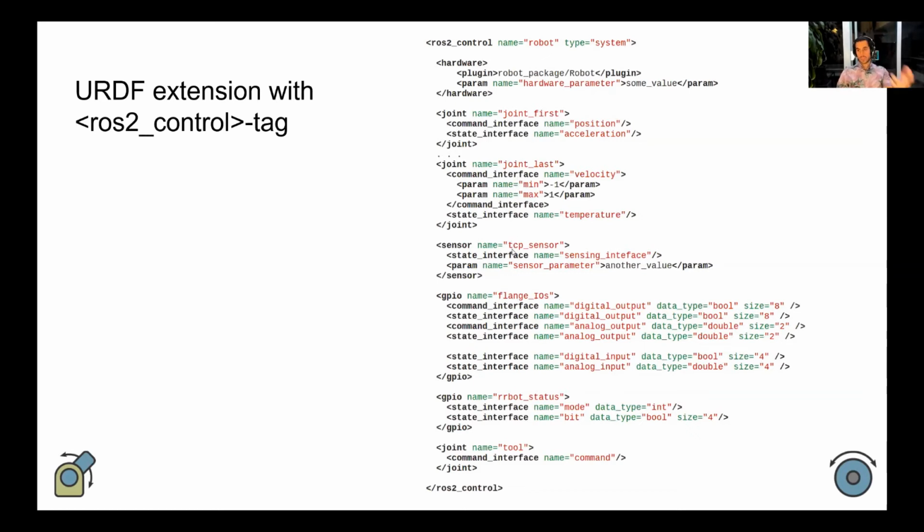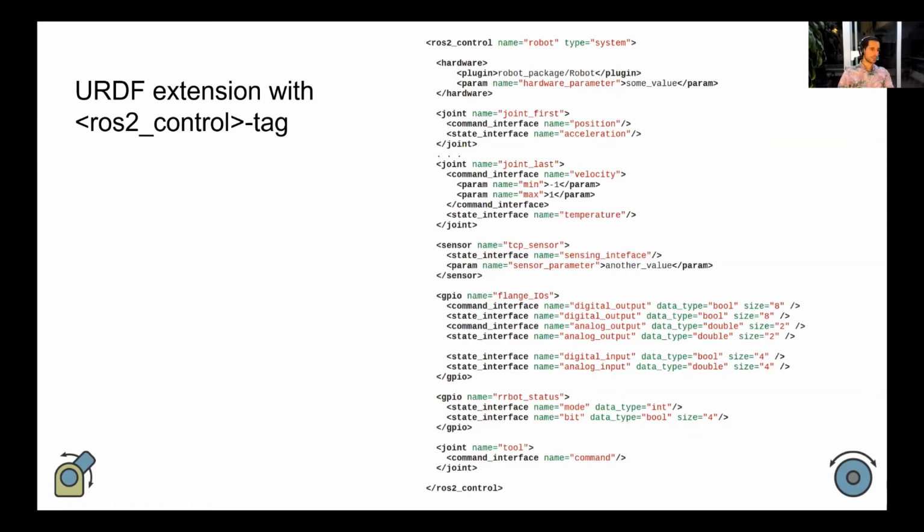If you have a sensor in your robot, for example, many industrial robots have a force torque sensor at their TCP, you would define this sensor and its state interfaces. Again, you can place parameters here as well as in joints, so you can add additional parameters as you need for your application. And we have one wildcard, which is GPIO.